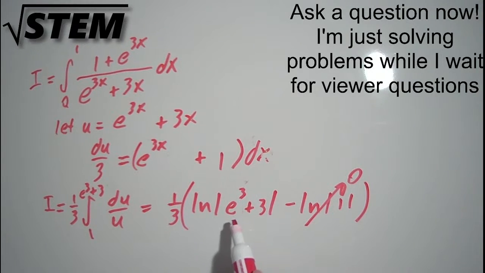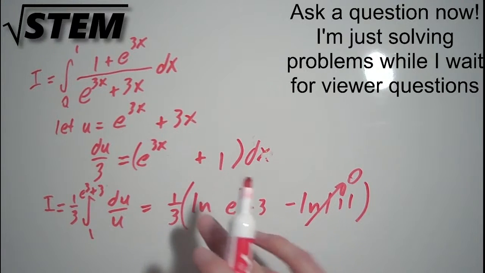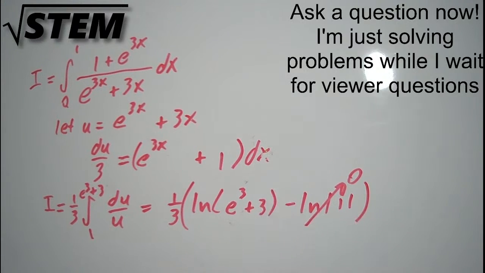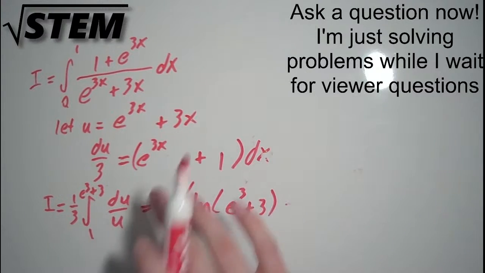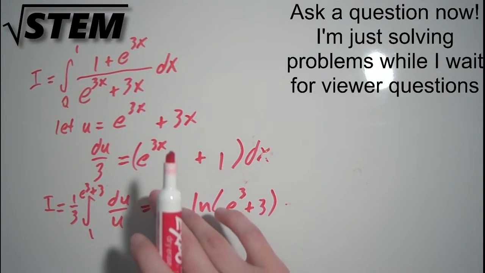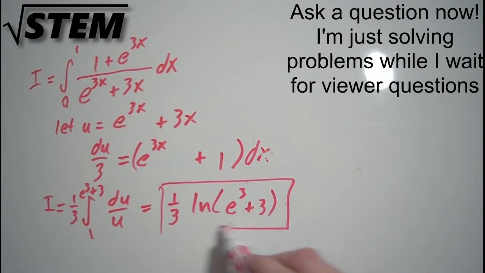And e to the 3 plus 3 is a positive number, so this is just a regular natural log. And there we go. That is our final answer. This integral equals 1/3 natural log of e to the 3 plus 3.